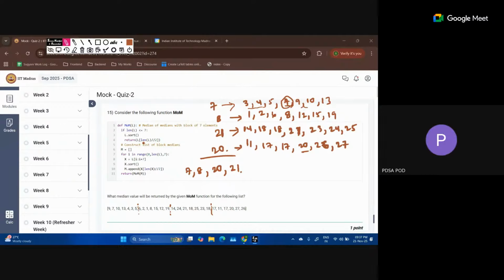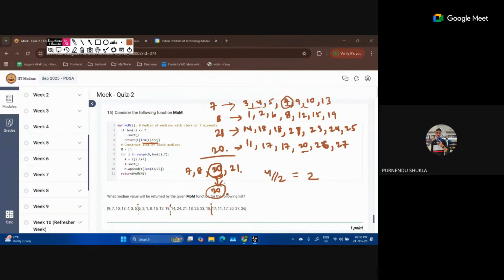Yes, here the median is length of L divided by 2. So we have 4, 4 divided by 2 gives 2. So index 0, 1, 2 is 20. Mathematically it was supposed to be 8 plus 20 by 2, but here we are defining the median as length of L by 2.